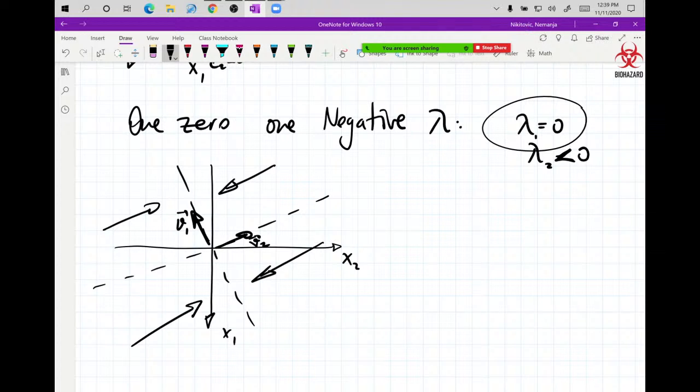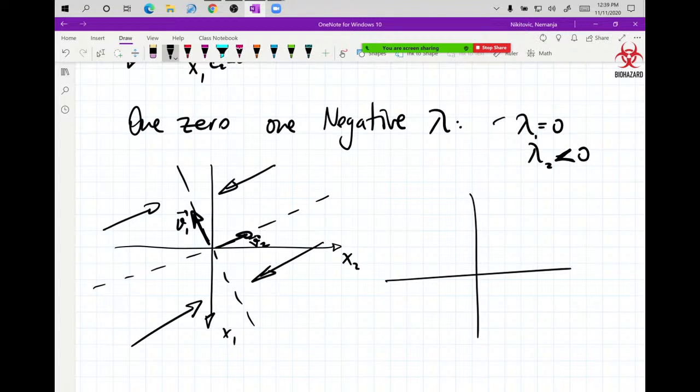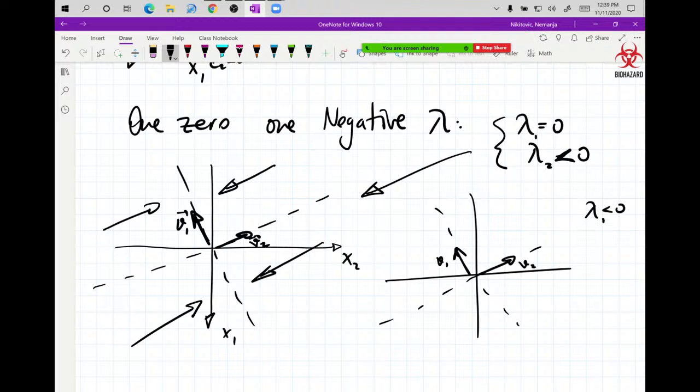Now, if I chose over here, so let's do it this way. I'm going to draw the same situation. That's a V1, that's a V2. But I chose now lambda 1 less than 0 and lambda 2 equal to 0. Then it would go like this.